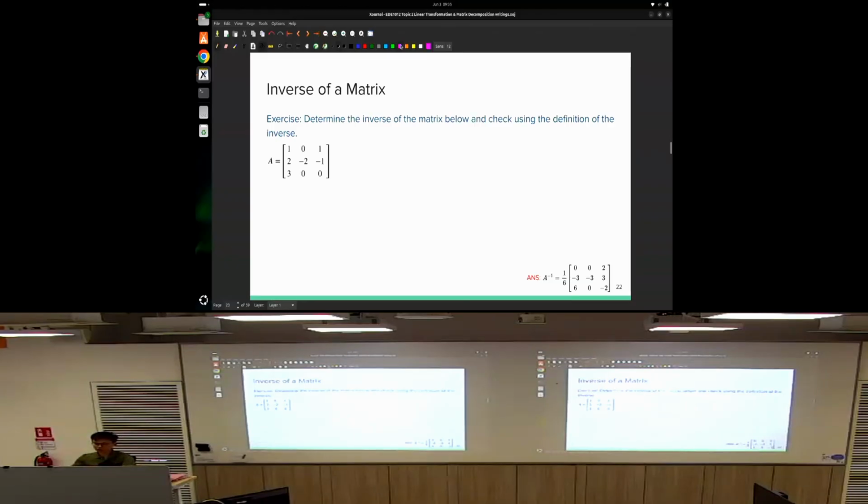This one, you have to really practice a few times, then you will get the hang of it. Can your calculator calculate the inverse of a matrix? Don't know. If you can calculate the inverse of the matrix using your calculator, then of course that will be a great help to you.